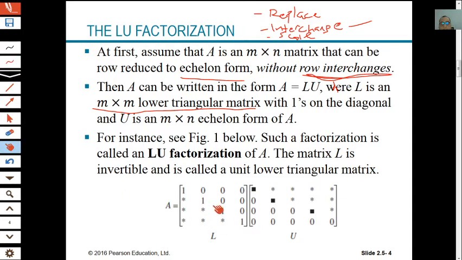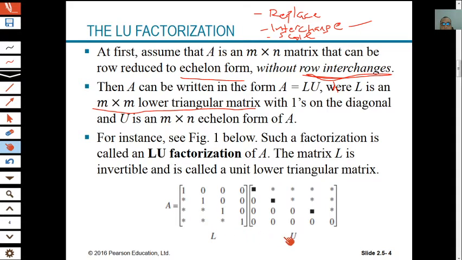On the main diagonal, we have a special condition here. All entries on the main diagonal are ones. Since we have a lower triangular matrix, all entries above the main diagonal will be 0, and the other entries can be any number.